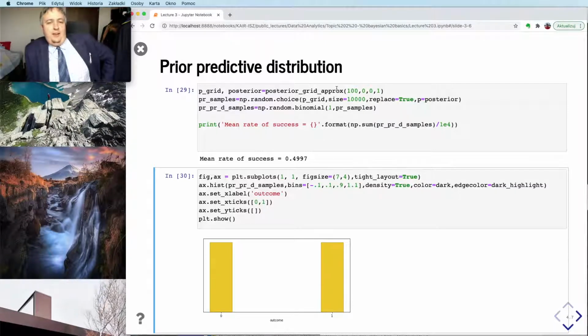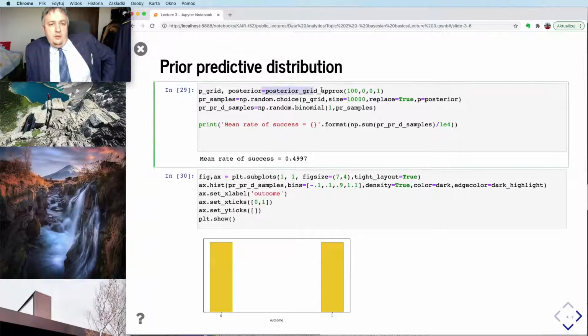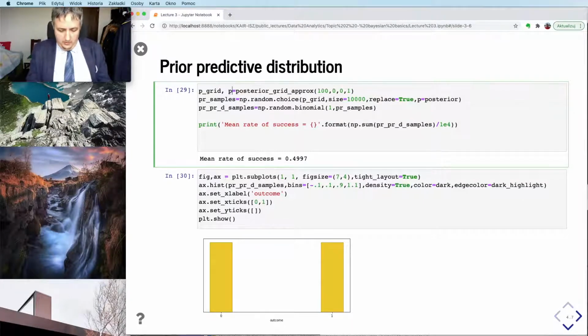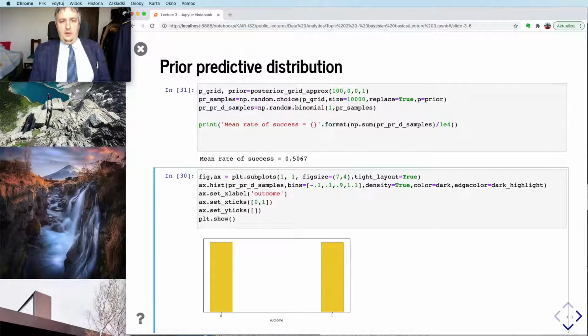How do we do it? We again assign the values on the grid, the probability, but this time we don't assign the posterior, we assign the prior. Here, actually, there should be prior, which would be more clear for the readers.